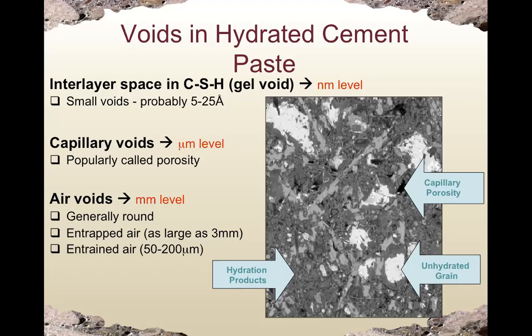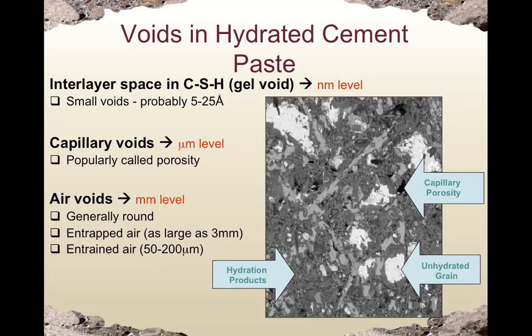On the other hand, we have the so-called entrained air, much smaller than the entrapped air. Entrained air is put in concrete on purpose. We have one type of chemical admixture called air entraining agent. We put in entrained air by using air entraining agent to increase the durability of concrete.